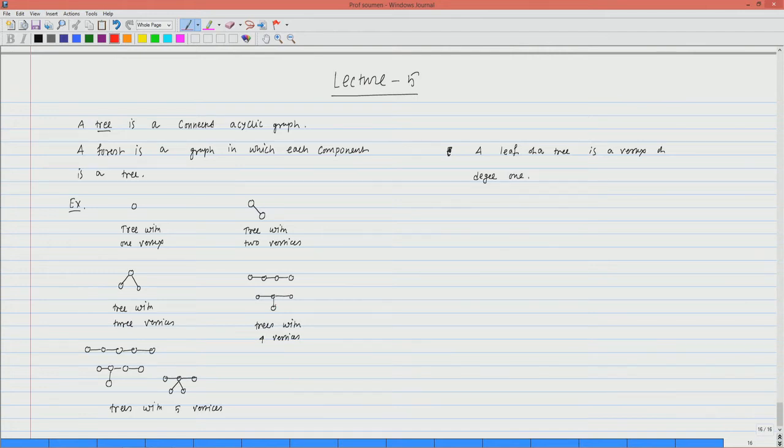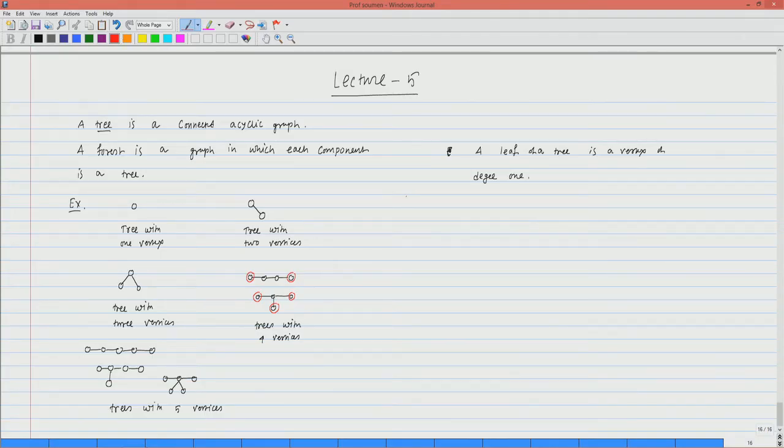So these are the leaf nodes. This is a leaf, this is a leaf, this is a leaf node. These are leaf nodes. Okay. So vertex of degree 1 in tree is called a leaf.